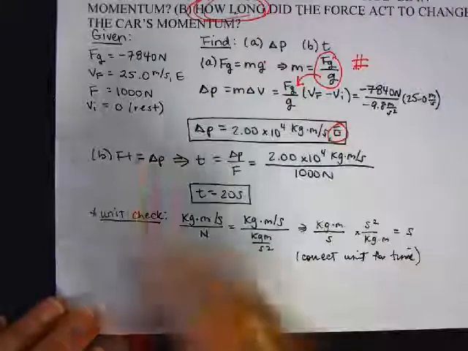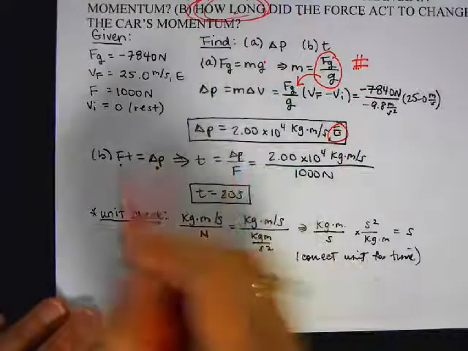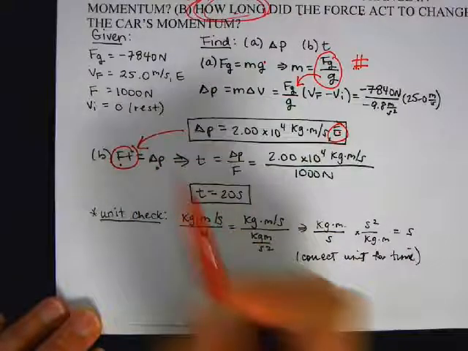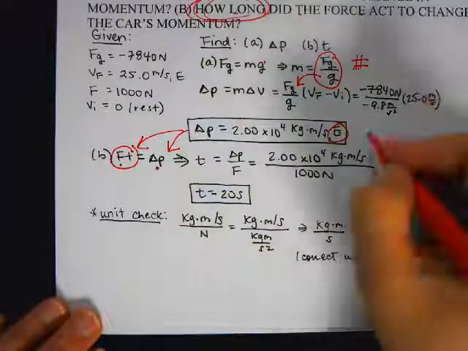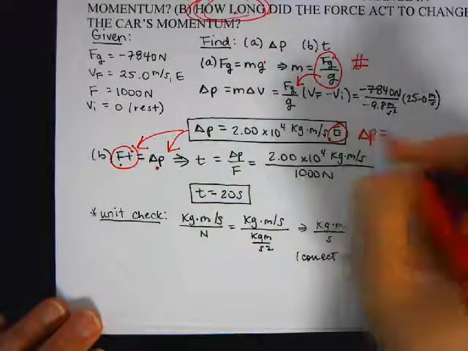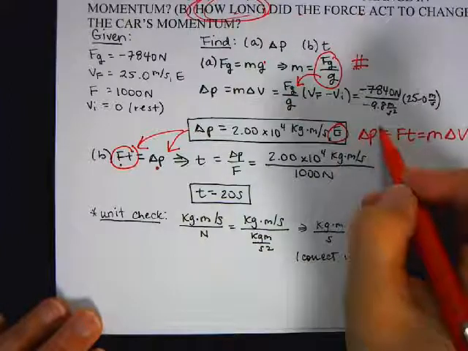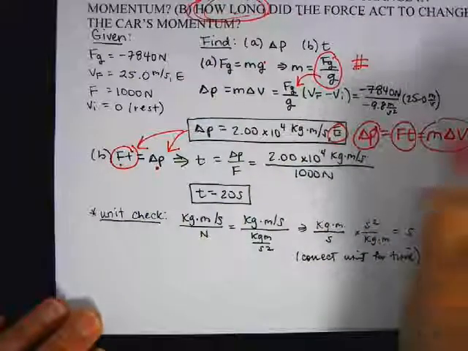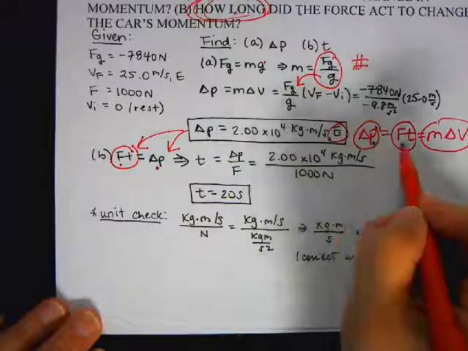So I know that Ft is equal to delta P. So now I just calculated this. I calculated the delta P part of it, because remember, the whole thing says delta P, which is the change in momentum, is the impulse Ft, which is equal to m delta V. So I just found what this is, and now I can find the time.